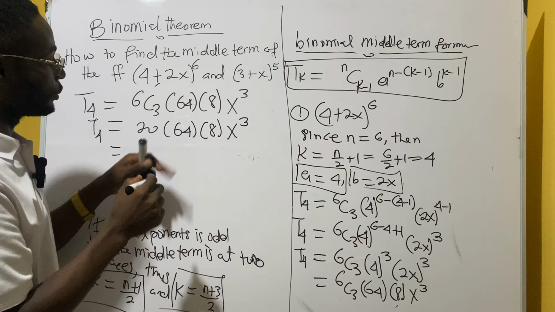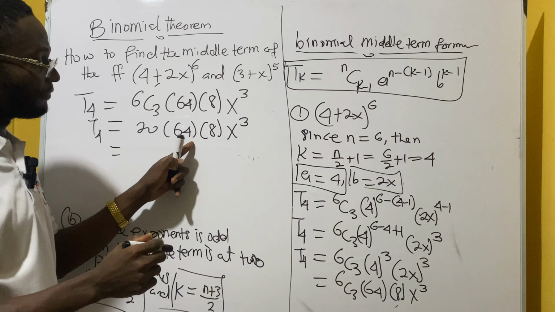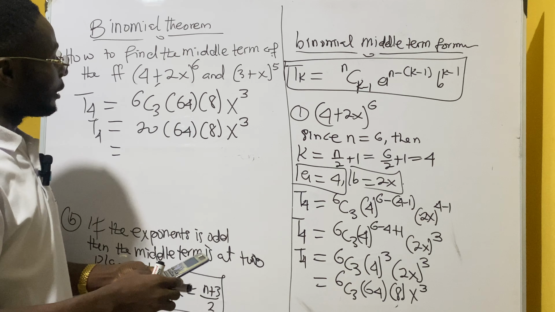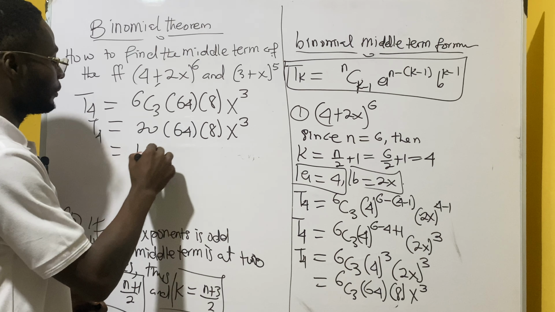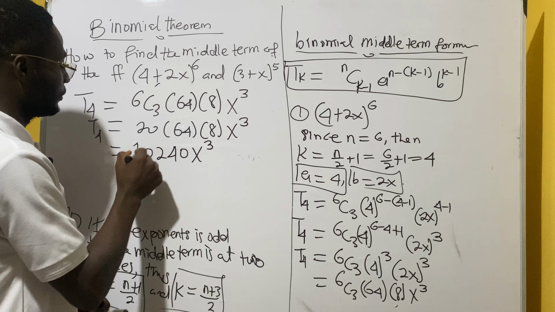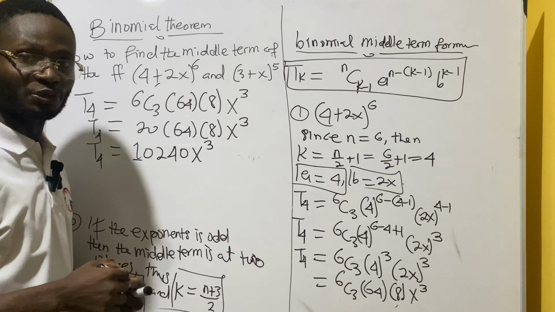And that is equal to, so now we're going to multiply this. That is 20 times 64 times 8, and that is 10240, so 10240x cubed. That is the solution, and that is what we are interested in.